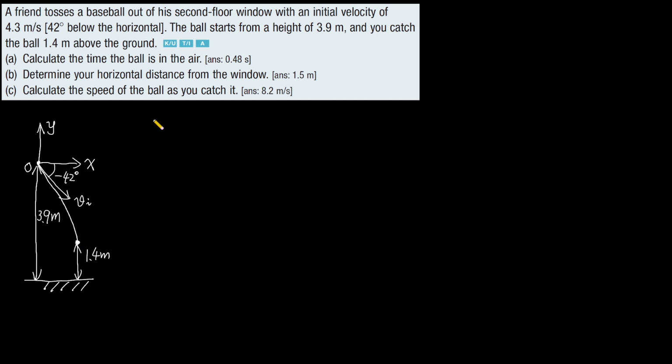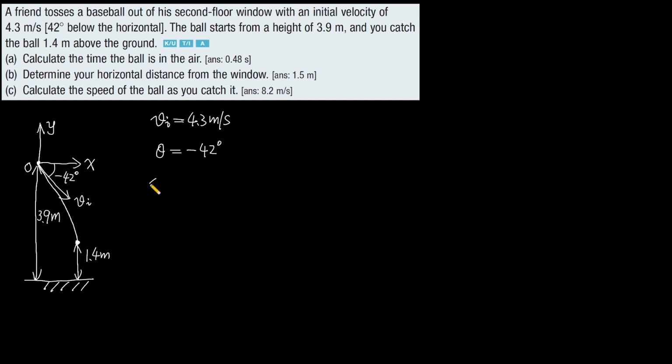And we know the initial velocity is 4.3 meters per second. And the angle theta between the direction of the initial velocity and the horizontal line is negative 42 degrees. I set this as negative because it's below the horizontal line.